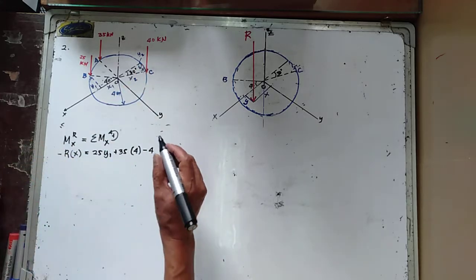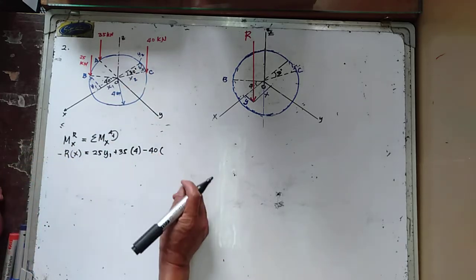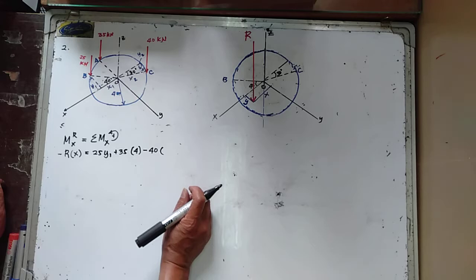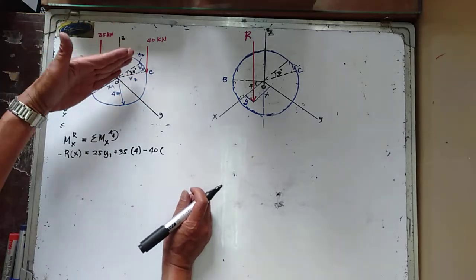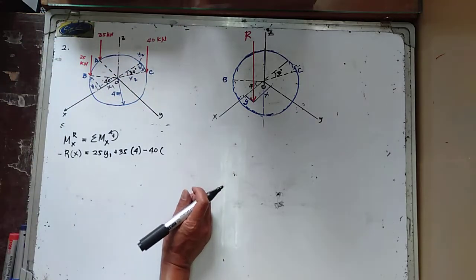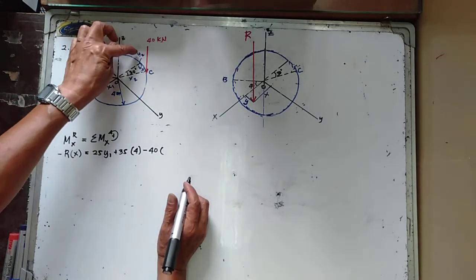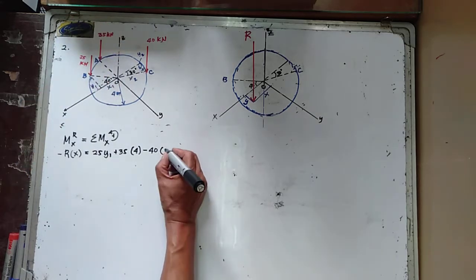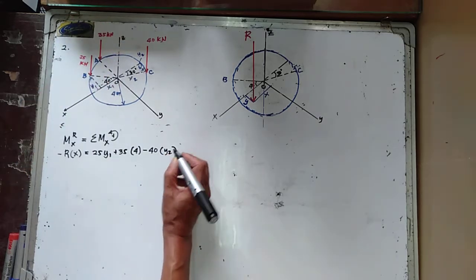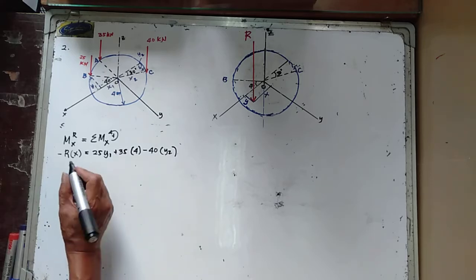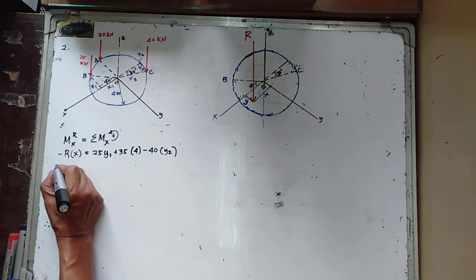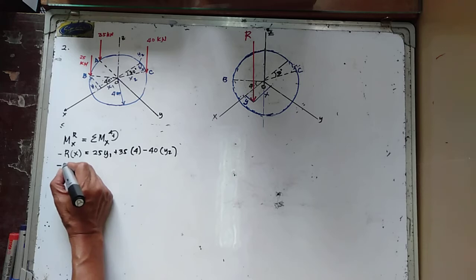So minus 40, multiplied by the moment arm about the x-axis at this point. Okay, so it goes clockwise. So this is the x-axis. And therefore, multiplied by y2. The resultant force is 100 kilonewton.